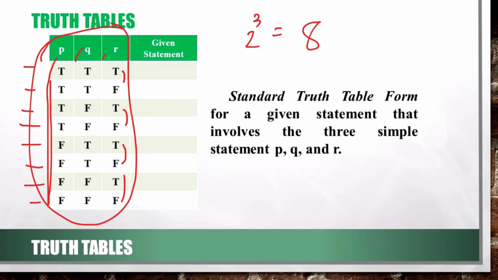Pag 4 naman, edi 8 na true, then 8 na false. Next naman nun is 4 na true, 4 na false, 4 na true, 4 na false. Kapag yung next statement na R, we have 2 true, 2 false, 2 true, 2 false, 2 true, 2 false, 2 true, 2 false.